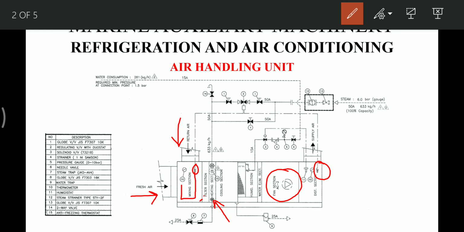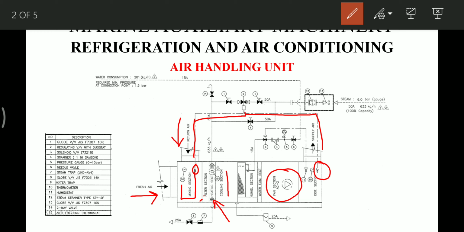These two temperature sensors, thermostats, they control the valve which provides steam to this coil to maintain the air temperature. Then we have cooling section. Cooling section is basically the evaporator coils. We have seen that basically two evaporating coils are there for system 1 and system 2, so both the coils will be present in cooling section.